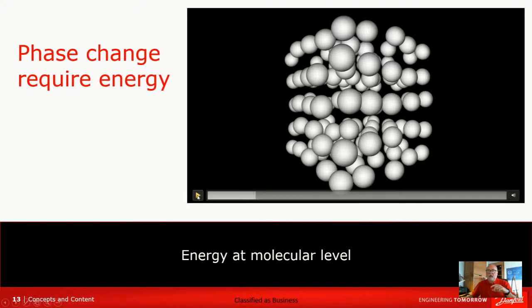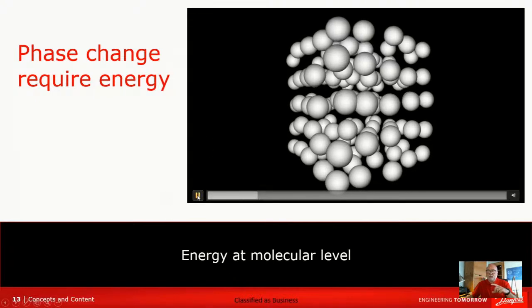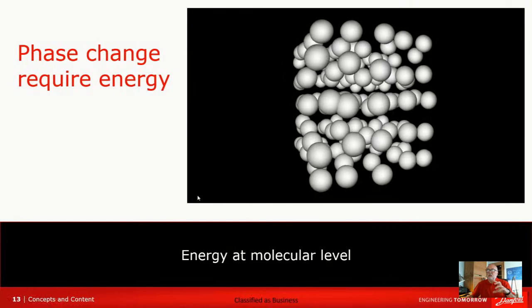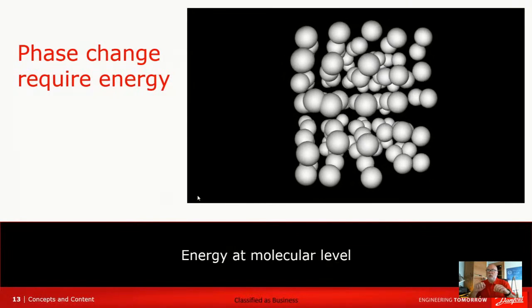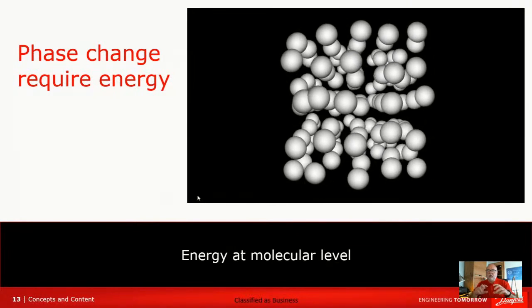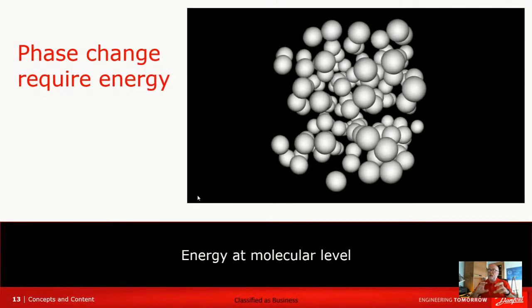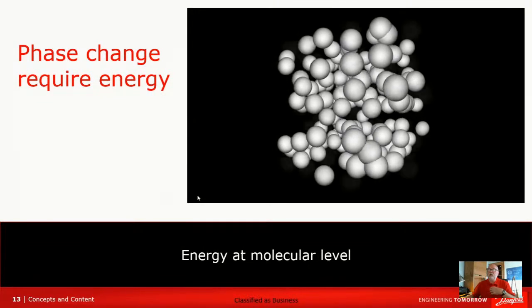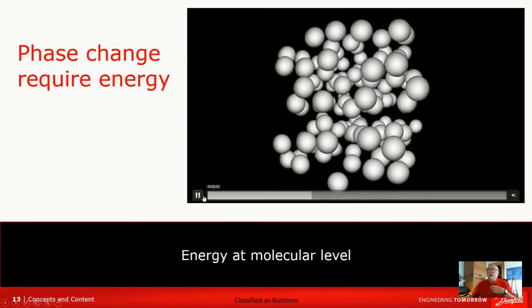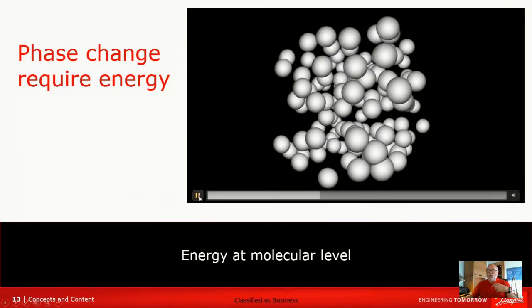We'll keep adding energy to this substance, and you'll see the shivering starts to get a bit more intense. And the funny thing is that you'll see the neat structure will break up eventually. And this is where the ice has thawed.